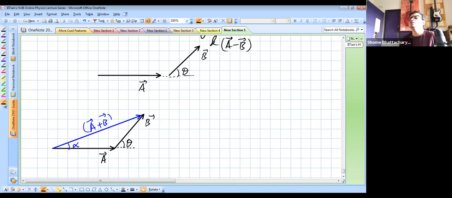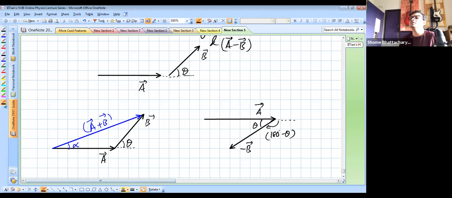And for the difference of the two vectors, we draw the vectors this way. The vector A plus the vector minus B. So minus B becomes like this. So instead of adding A and B, we are adding the vector A with the vector minus B. And there this interior angle is theta because we are adding minus B. So this angle is 180 minus theta, like that.